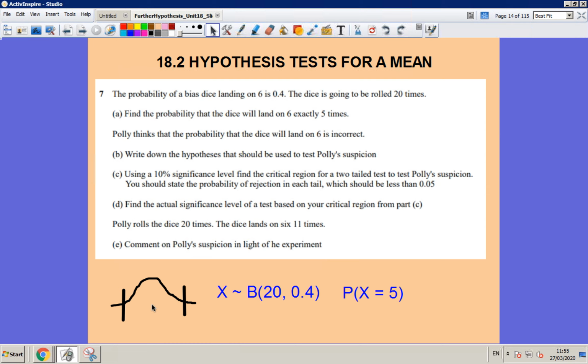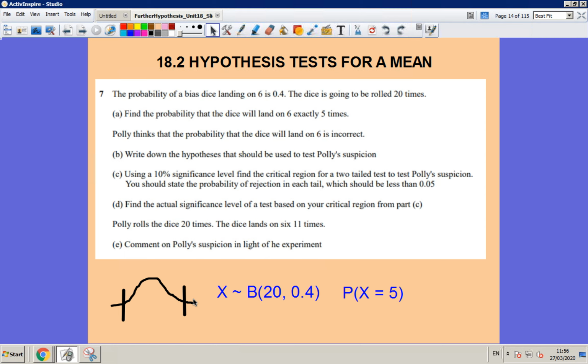To find this critical region, we want to know what event has a less than 5% chance of happening at the bottom end of the tail, and what event, or something more extreme, has a less than 5% chance of happening at the top end of the tail.